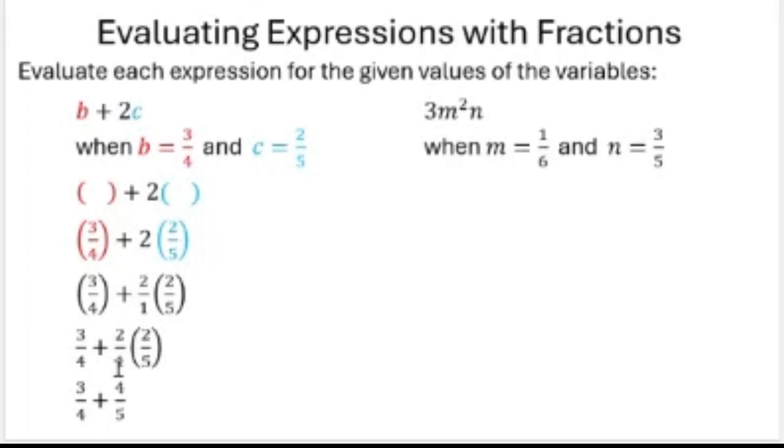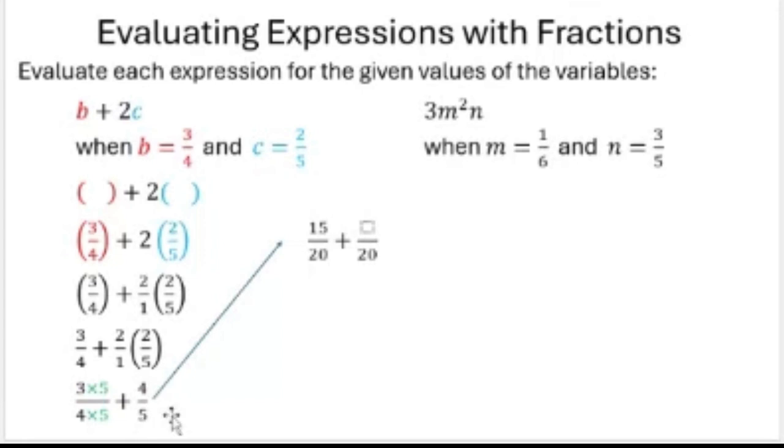2 times 2 is 4, 1 times 5 is 5. And now I'm into the addition. Oh, this is a big question. I got to get a common denominator. The smallest thing that both 4 and 5 go into is 20. I multiplied 4 by 5 to get 20, so I do the same to the top. 3 times 5 is 15.